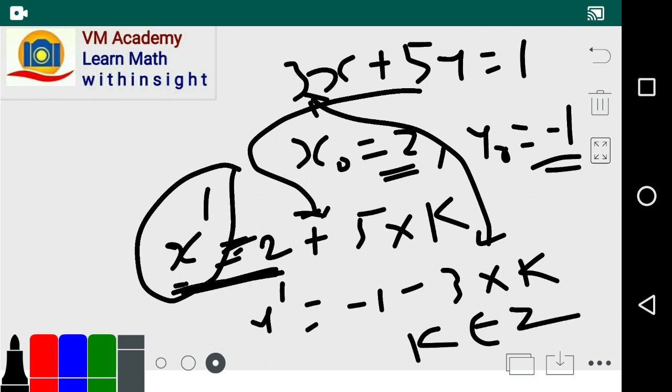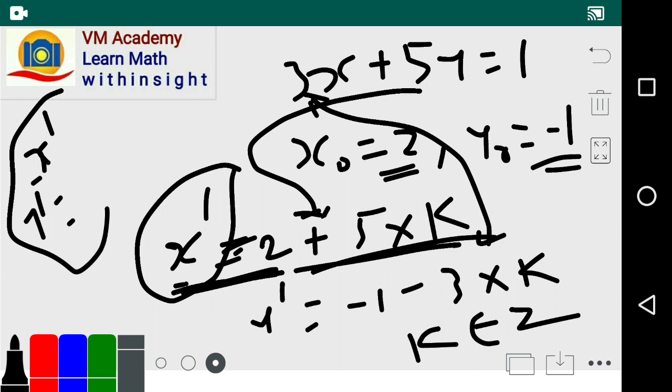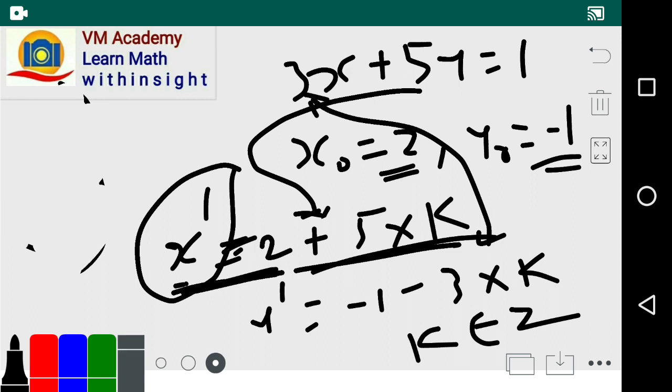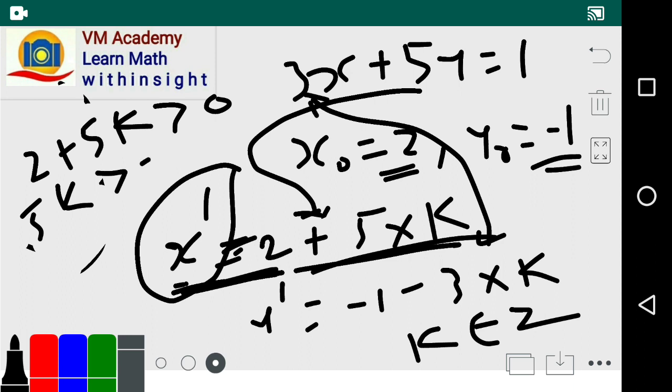So if we like to calculate only positive solutions, that is x dash and y dash must be positive. If such is the condition, then we can restrict the value of k by applying a condition. How? 2 plus 5k greater than 0 implies 5k greater than -2, which implies k greater than -2 by 5, friends.